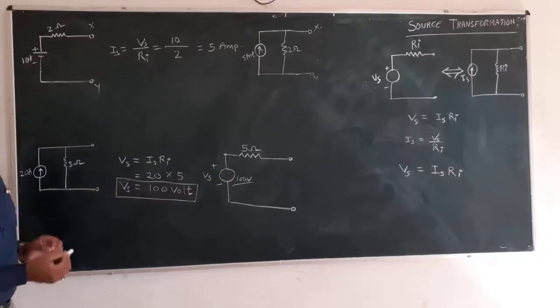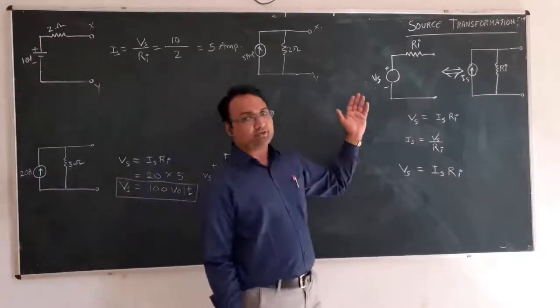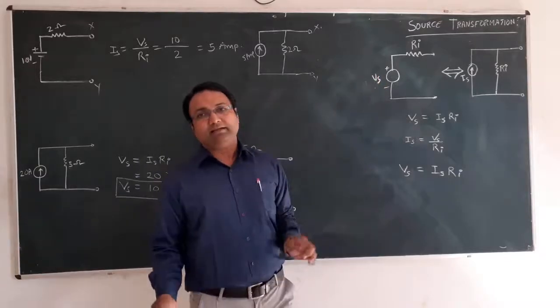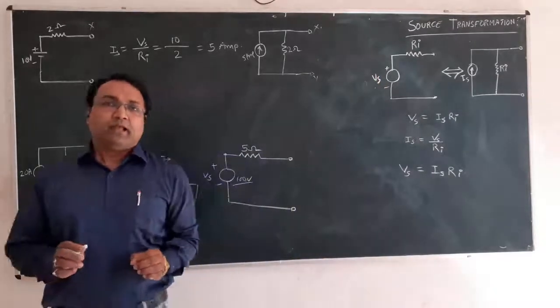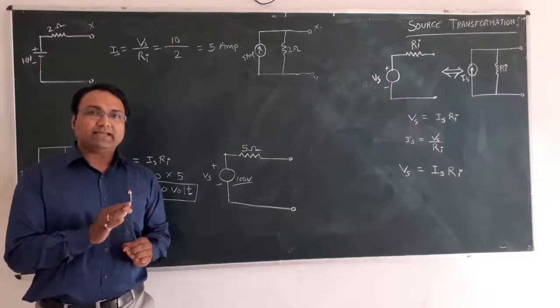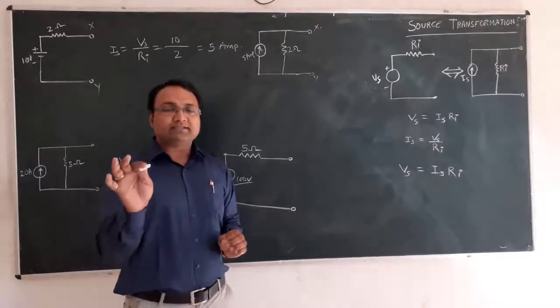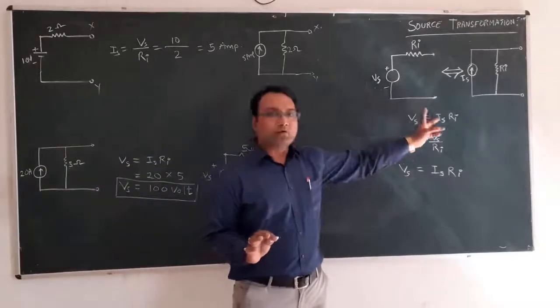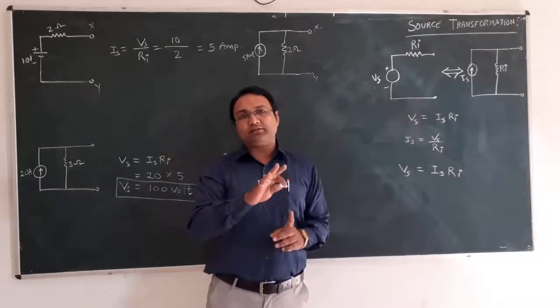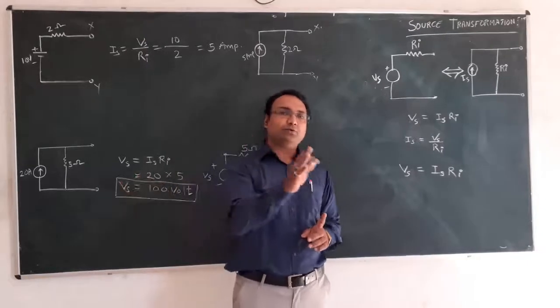Just a brief repetition of it. Source transformation says that any practical voltage source can be converted into a current source and vice versa. We use the basic Ohm's formula, that is V is equal to IR, to convert a voltage source into a current source or a current source into a voltage source.